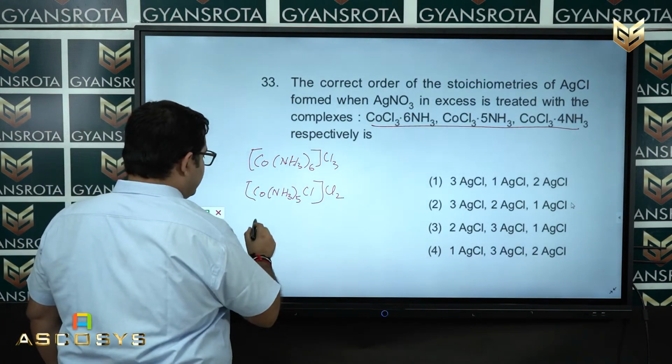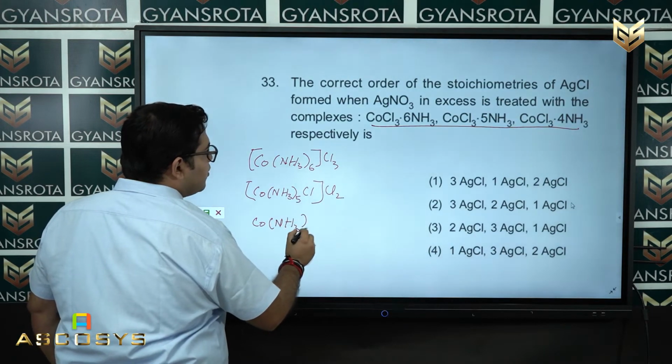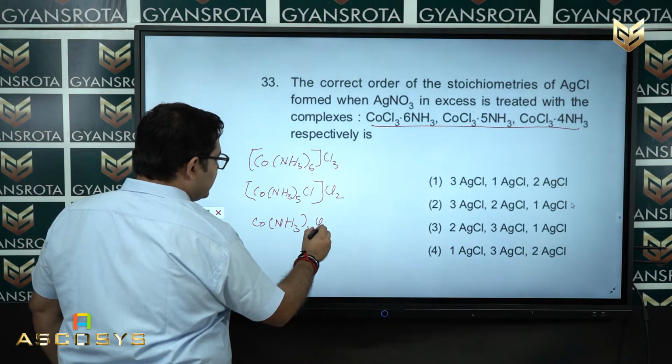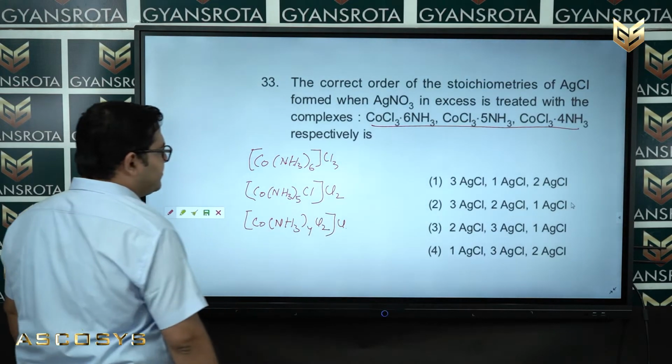Now, for the third one, [Co(NH3)4Cl2]Cl, where one Cl is outside.